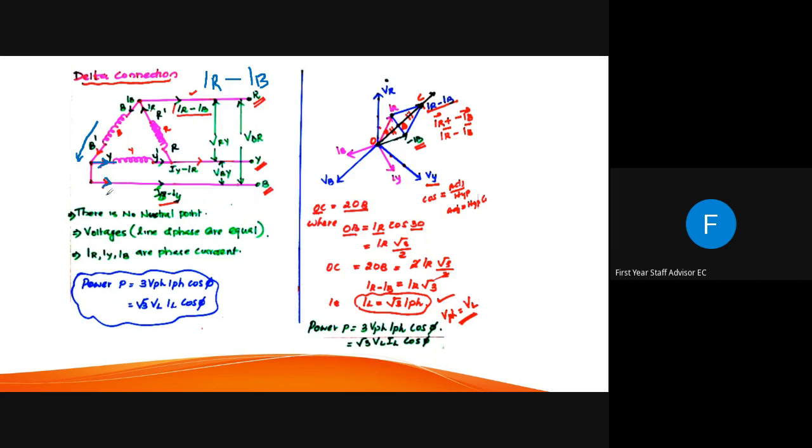So I can write the current in B phase equal to IB, that is current coming out of the B winding minus current going into the Y winding. So IB minus IY.